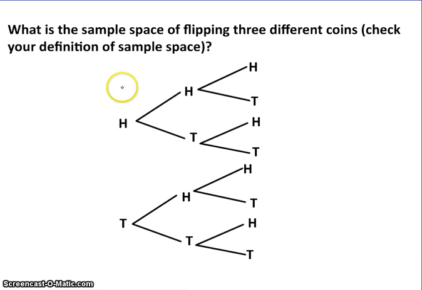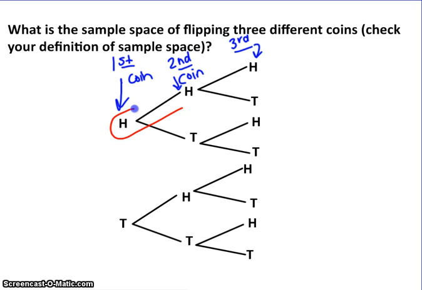So this is my first coin, and I can either get heads or tails. This is my second coin here, and depending on what I got the first time, I could still get heads or tails, heads or tails. And my third coin is this row. So let's say that you all flipped heads. That would be this pathway, heads, heads, and heads. Let's say the first coin was tails, then heads was the second coin, and tails.